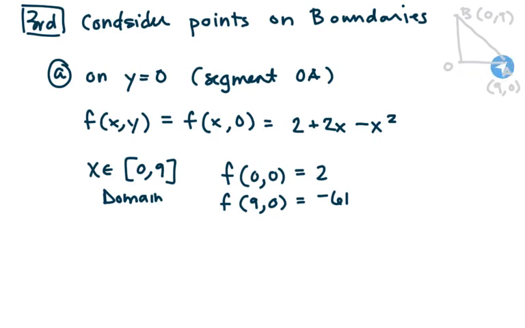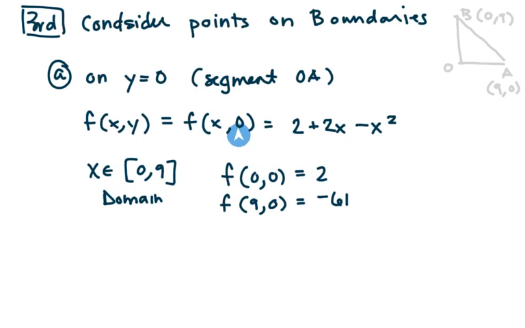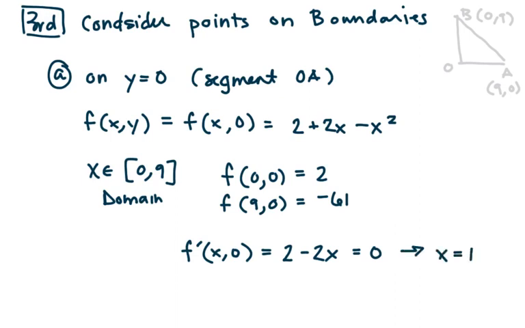So I also need to look and see if there are any critical points that occur on this boundary. And since I have plugged in 0 for y, I have just turned this into a function of x, which we can differentiate normally. So f prime of x, 0, that gives me a derivative 2 minus 2x. Solving the derivative equal to 0, because that's where my critical values come from, I'm going to end up with x equals 1.